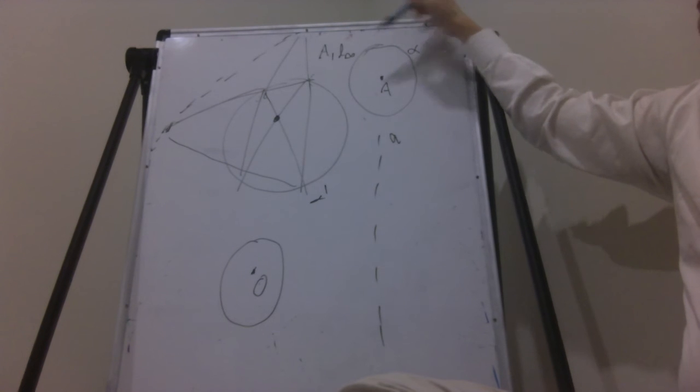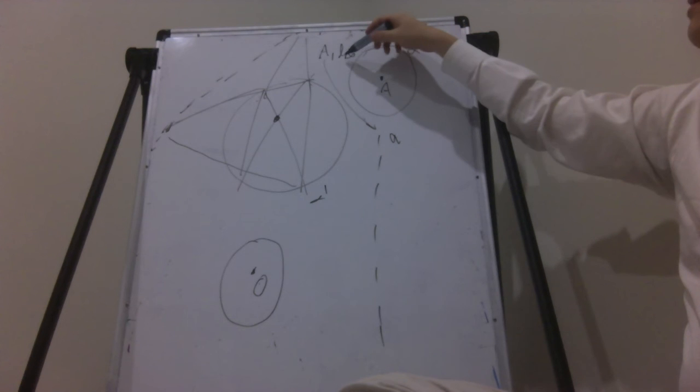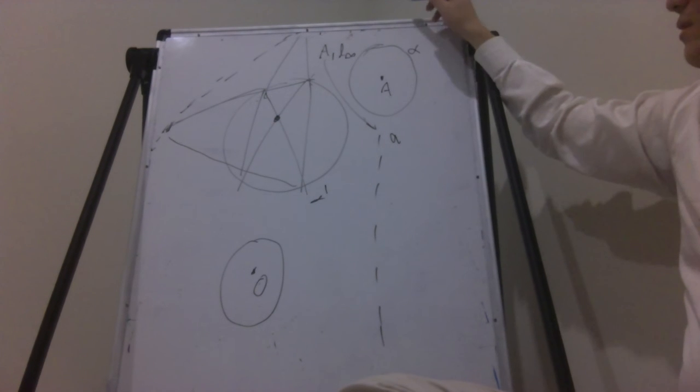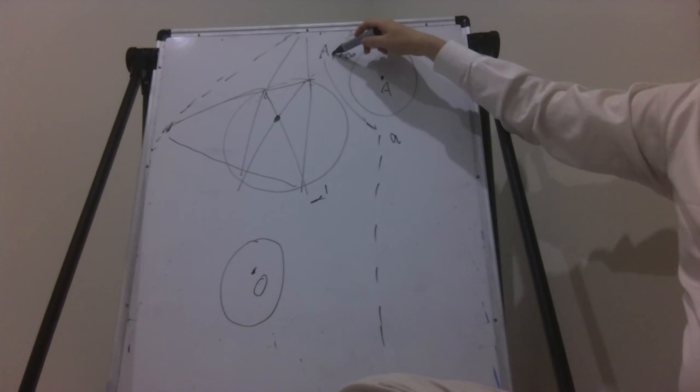And this becomes a directrix, and that becomes the point. And that becomes, what is that? Did I do something wrong? A becomes a directrix, yeah?